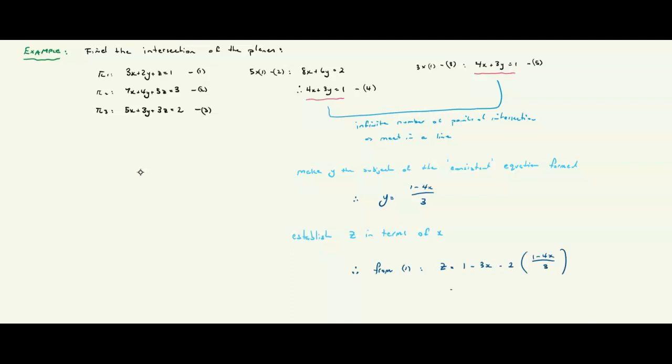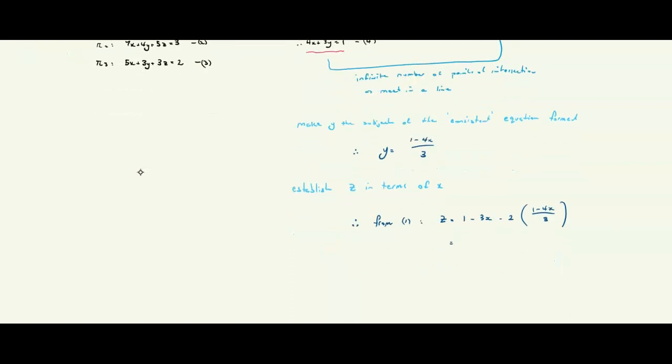Now I'm going to get z in terms of x. So I've got z is equal to, I will just work this out, simplify this down. So I end up with 1 minus 3x, then minus 2 minus 8x over 3.